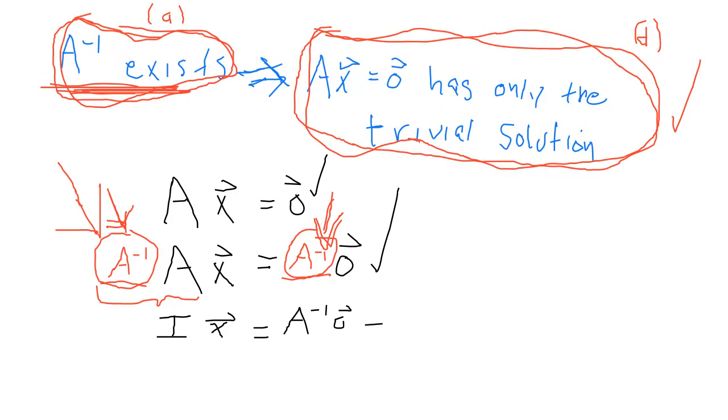What do you think A inverse times the 0 vector is going to equal? That's right. Good, Benjamin. Good, Nafani. A inverse times the 0 vector is just going to equal the 0 vector.